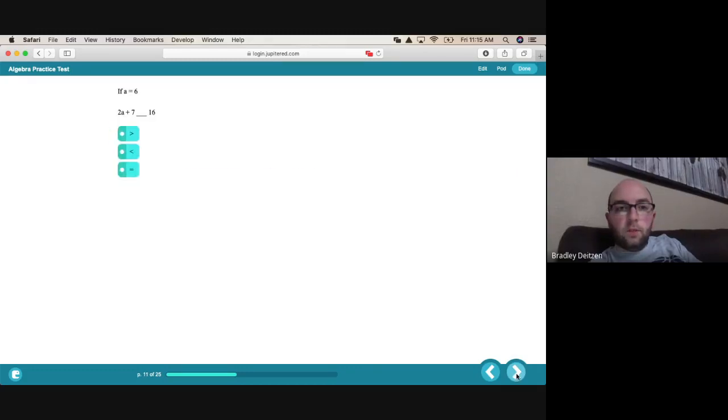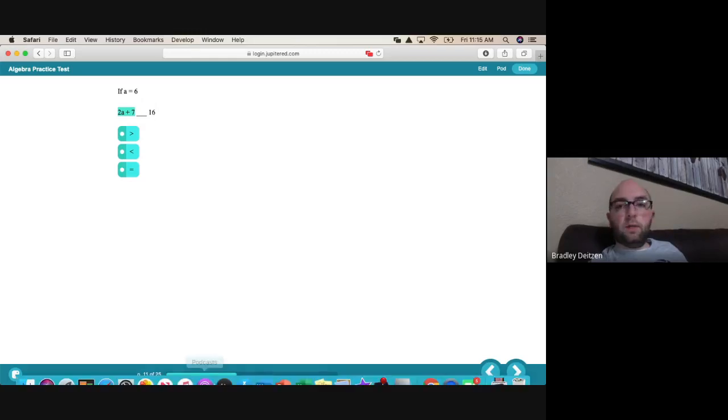On to the next problem. Greater than, less than, or equal to. That's the next section. This, though, is just plugging in the number and solving. It says a equals 6, and we have the problem 2a plus 7 is either greater than, less than, or equal to 16.